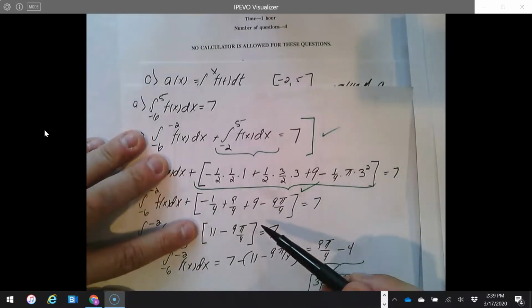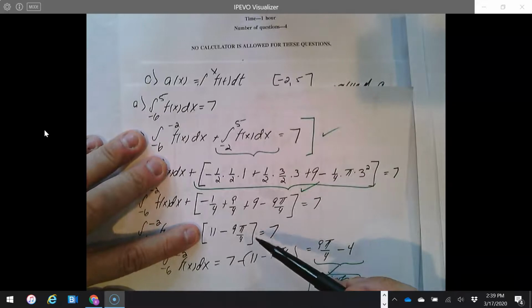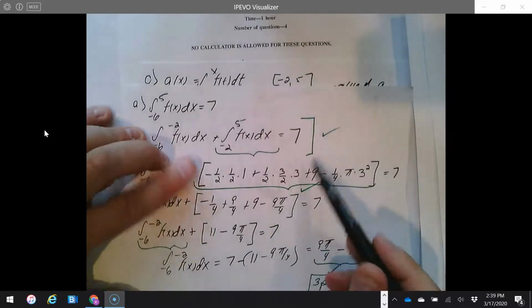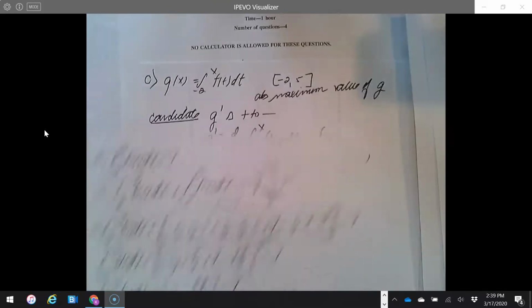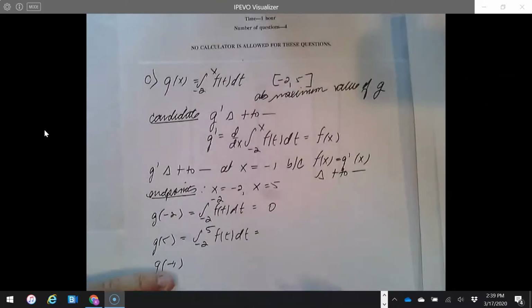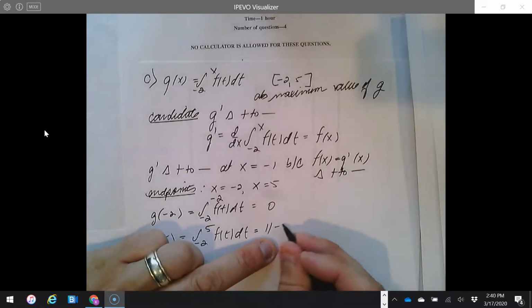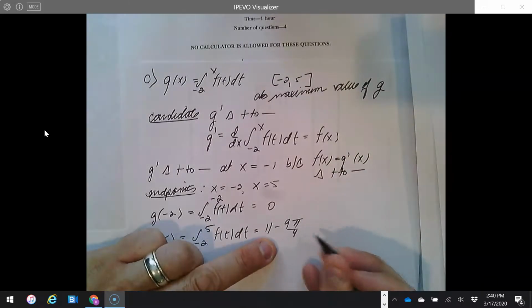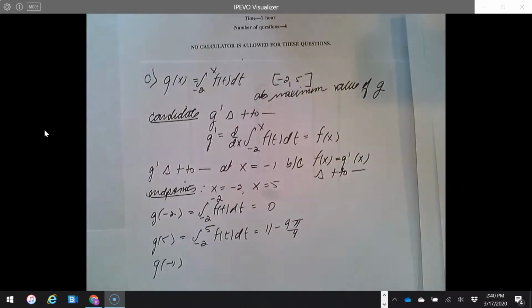When we simplified it down, we got to 11 minus 9 pi over 4. There's no need to do that work again. We've done it once before, so use that result. G of 5 is 11 minus 9 pi over 4.